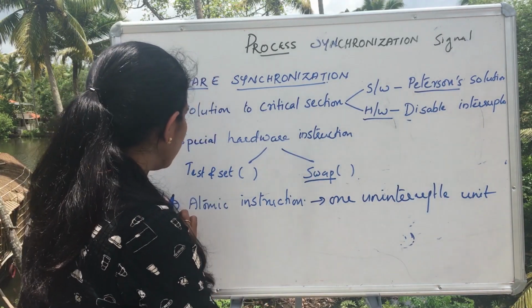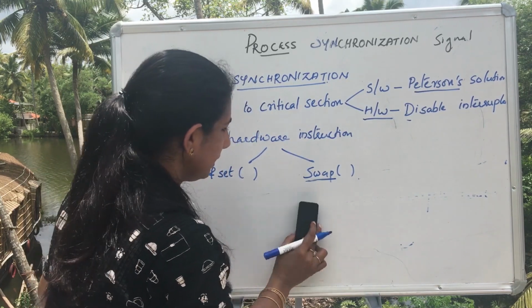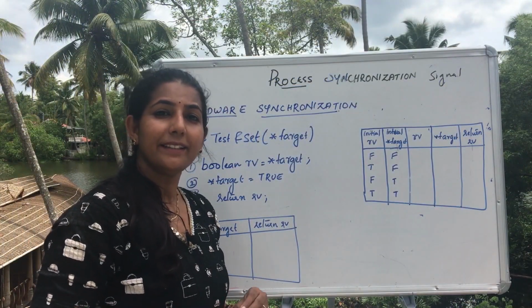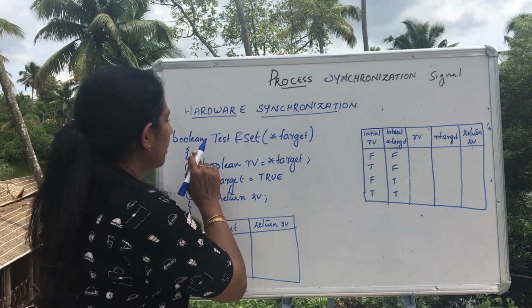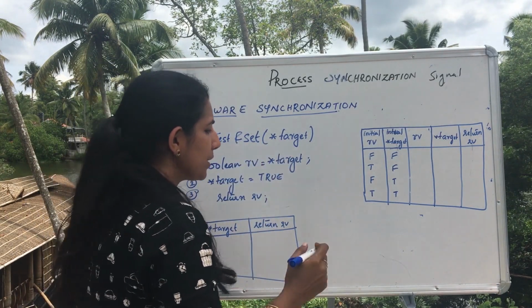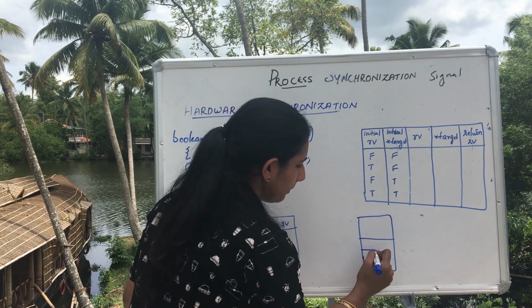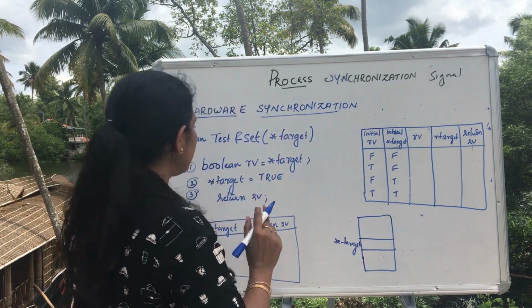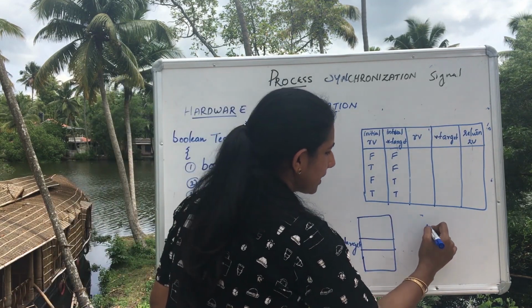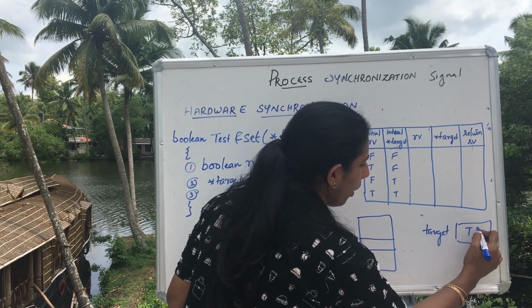So let's see how test and set is executed. In test and set, we have the definition of the test and set function as boolean test and set with a target. We initialize a target, which is a pointer to a memory address. It is a Boolean function, so the target can have only two values, either true or false.